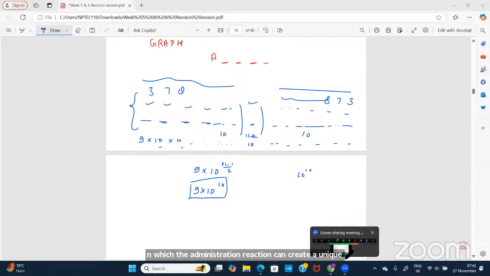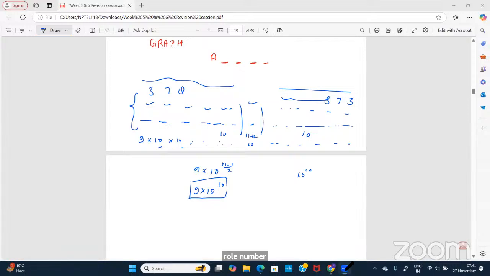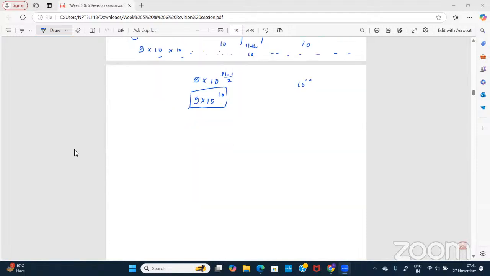No digits are repeated. Find the number of ways in which the administration section can create a unique roll number.